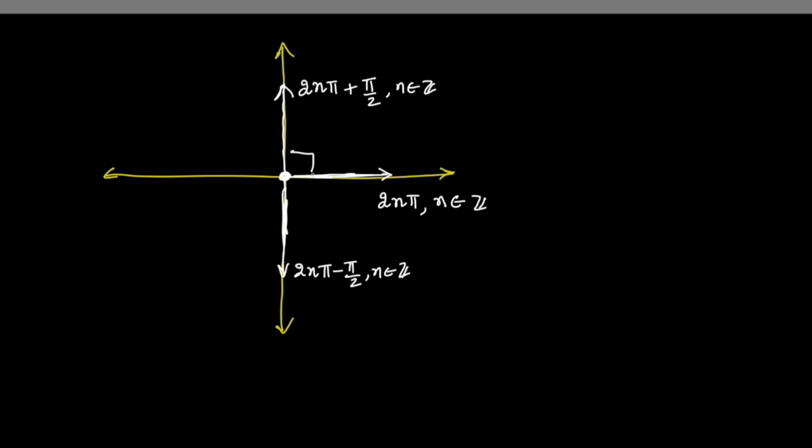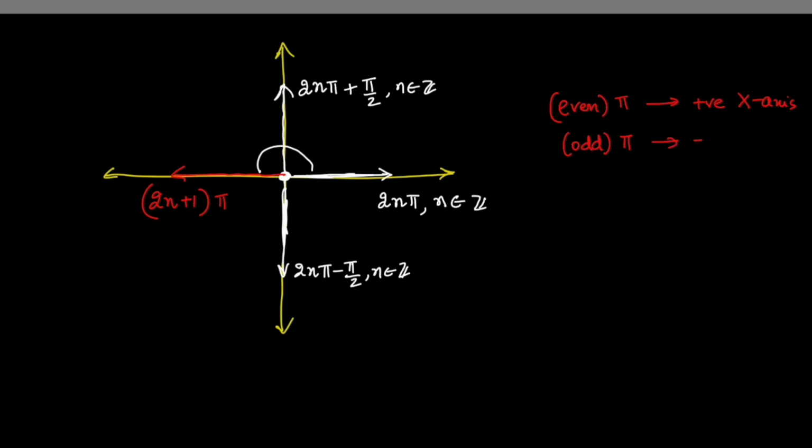All angles for which the negative x-axis would be the terminal portion would be in the form of (2n plus 1)π, an odd multiple of π. So basically, even number into π: for these angles, the terminal portion would be along the positive x-axis. Odd number into π: for these angles, the terminal portion would be along the negative x-axis.